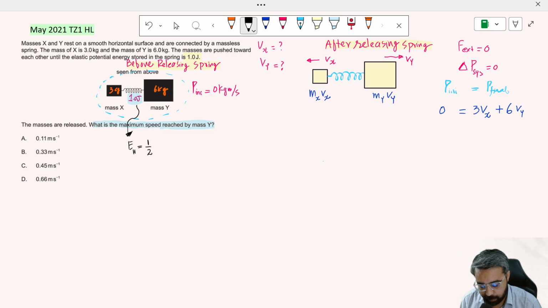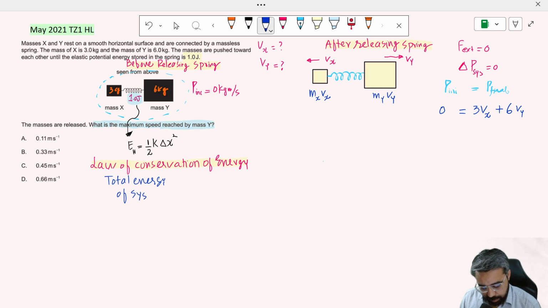It is written like 1 over 2 k delta x square. So right now this is stored in the spring, and this energy will convert into the kinetic energy of both masses. So we can say the total energy of the system before the event, or before release of the spring, is equal to the total energy after release.